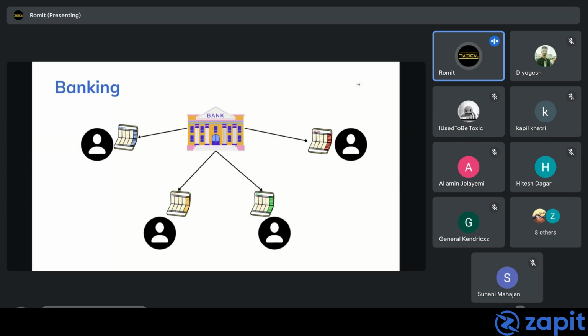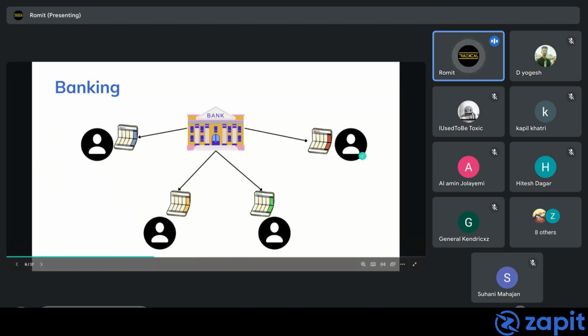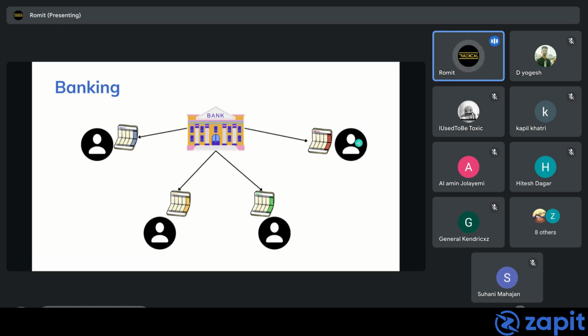So here I can explain a basic structure of how a bank would work. A bank basically issues a ledger to each individual. You can see that there are four individuals, represented by their four books. Each has its own color, which indicates that it's their transactions. If you make a transaction, you're basically requesting the bank.